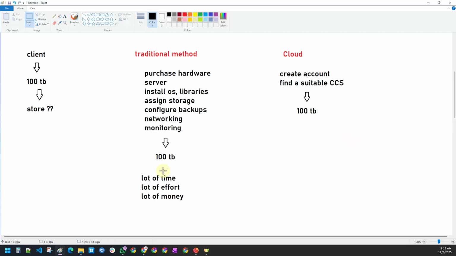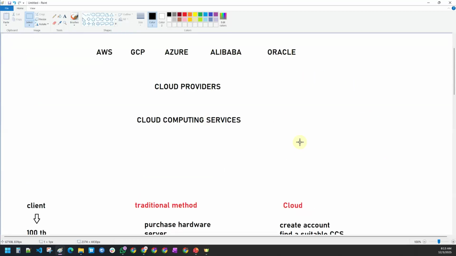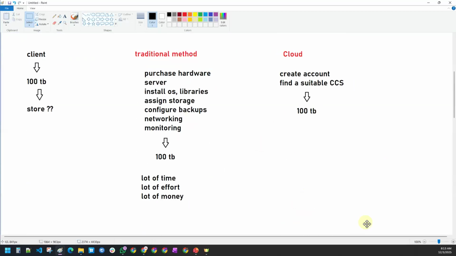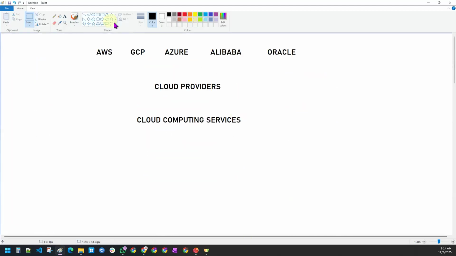When you are working in the traditional method, you have to do all of these things on your own. But when you're working on cloud platforms, it will ease your effort, because you have cloud providers available in the market with readily available services, such as AWS, GCP, Azure, Alibaba, Oracle, and IBM.